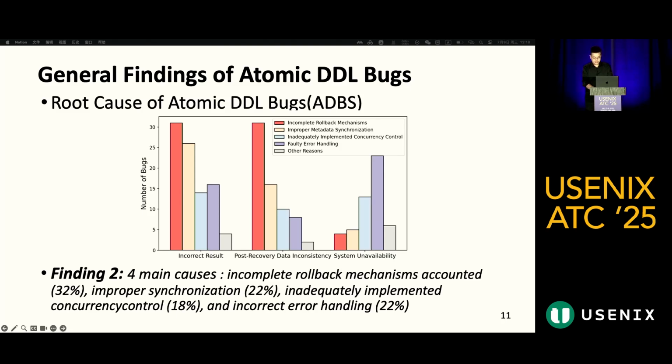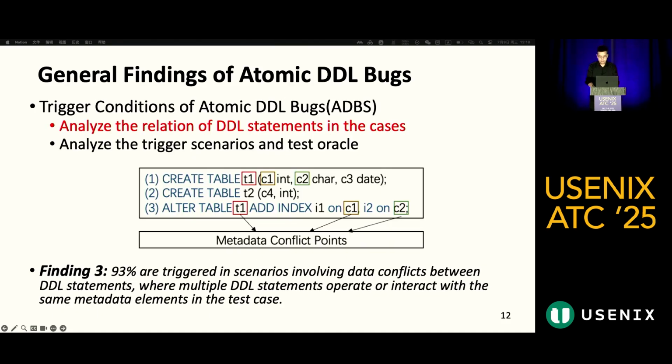The first is incomplete rollback mechanisms, accounting for 32%, and improper synchronization for 22%. Implementation errors in concurrency control account for 18%, and incorrect error handling for the last 22%.